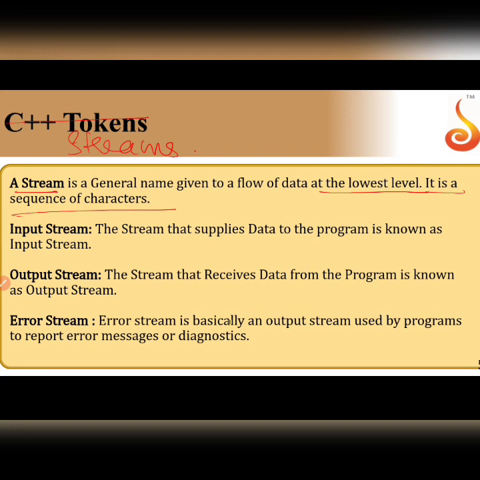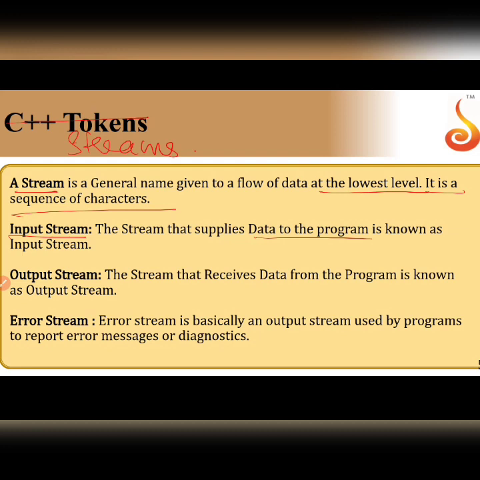Then you have three different kinds of streams: input stream, output stream, and error stream. What is an input stream? The stream that supplies data to the program is known as the input stream. As the name suggests, if you are supplying the data to the program, that is the input stream.